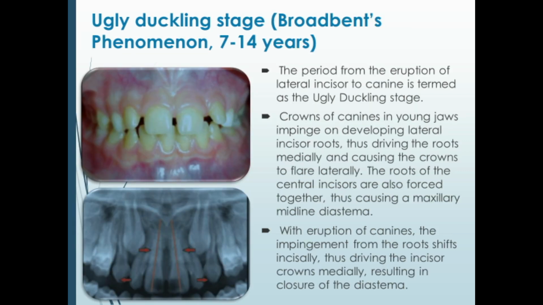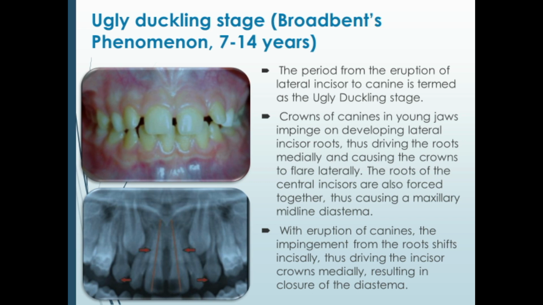Ugly duckling stage, Broadbent phenomenon. Around the age of 8 years, a midline diastema is commonly seen in the upper arch, which is usually misinterpreted by the parents as a malocclusion. Crowns of canines in young jaws impinge on the developing lateral incisor roots, thus driving the roots medially and causing the crowns to flare laterally.